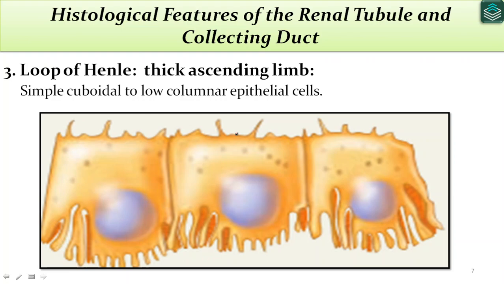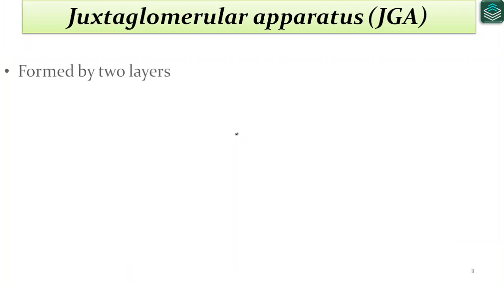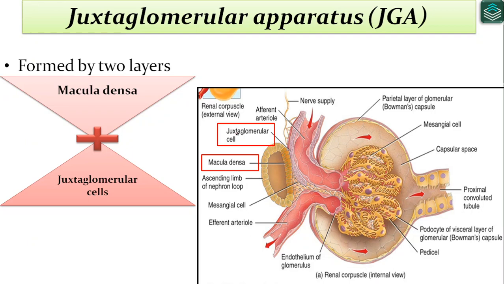When we discuss the thick ascending limb, another modified portion of it comes into the picture, that is the juxtaglomerular apparatus. This juxtaglomerular apparatus is formed by two components. The first is the macula densa and the second is the juxtaglomerular cells. The macula densa is the final part of the ascending limb that is in contact with the efferent arteriole.